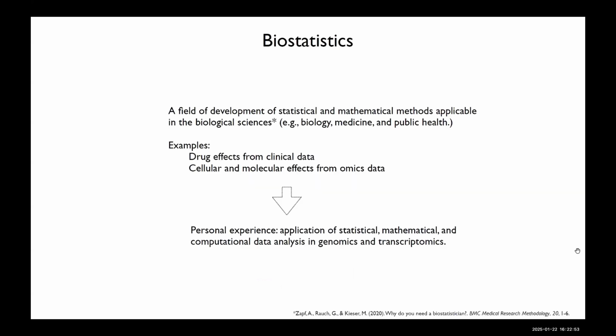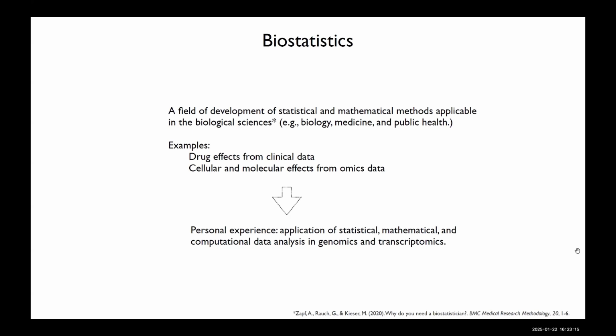To begin, I'd like to introduce you briefly to biostatistics. Biostatistics is a field of research focused on developing or applying statistical mathematical methods to biological science problems.